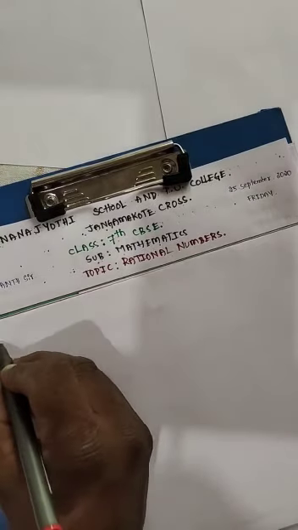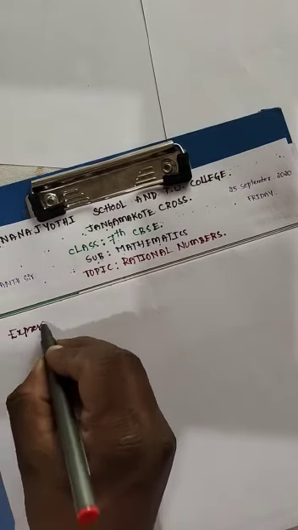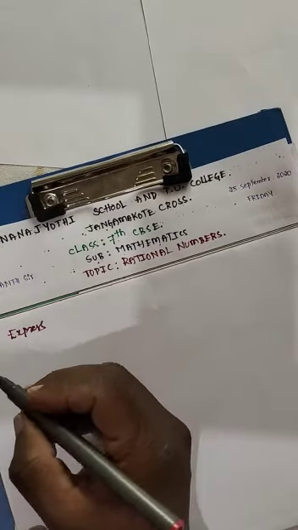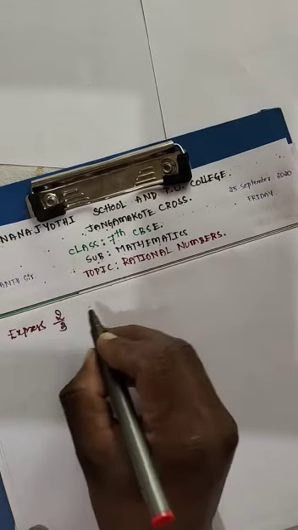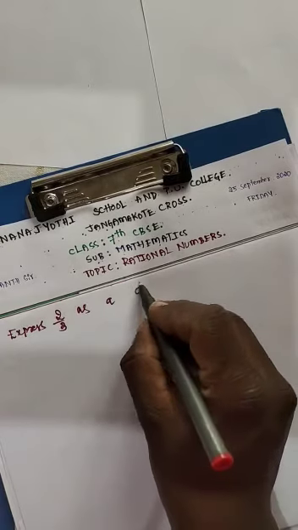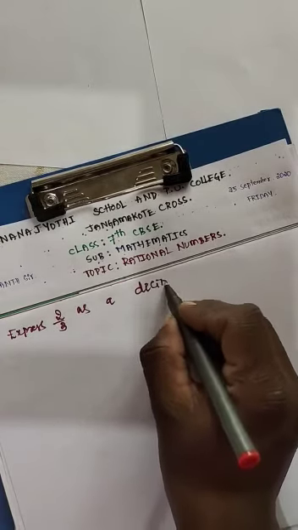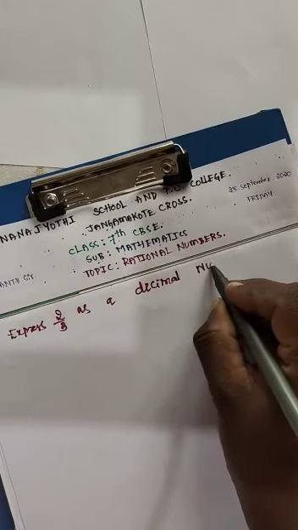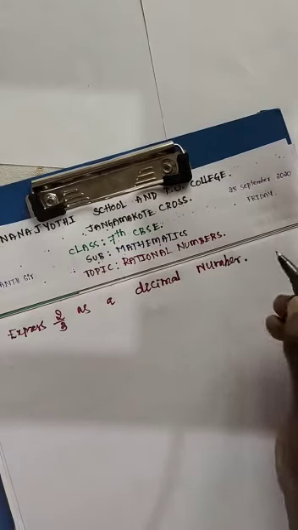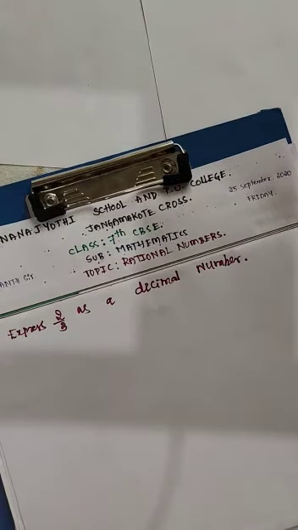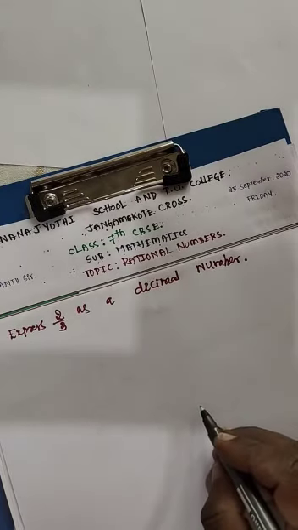So I am going to give the second example. Express 2 by 3 as a decimal expansion, or decimal number, right? I'll repeat the question. Express 2 by 3 as a decimal expansion.